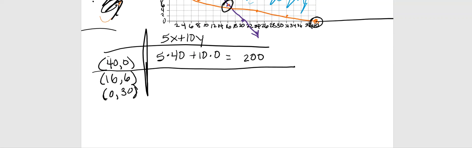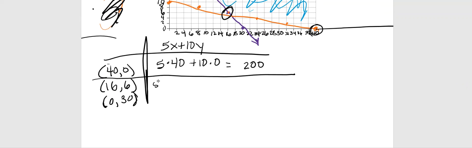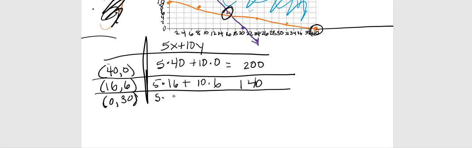We have 5 times 16 plus 10 times 6. 5 times 16 plus 60 makes 140. 5 times 0 plus 10 times 30 equals 300.